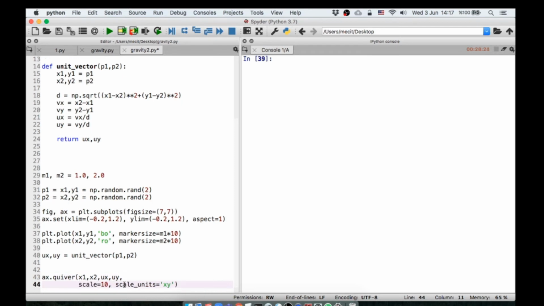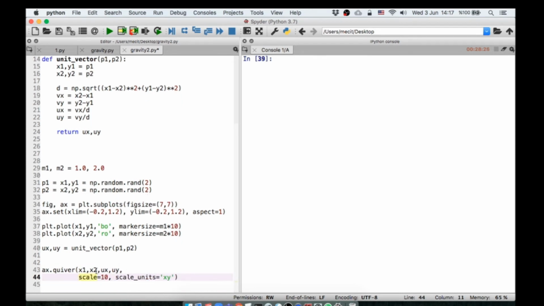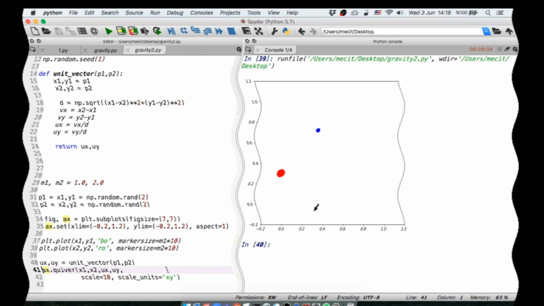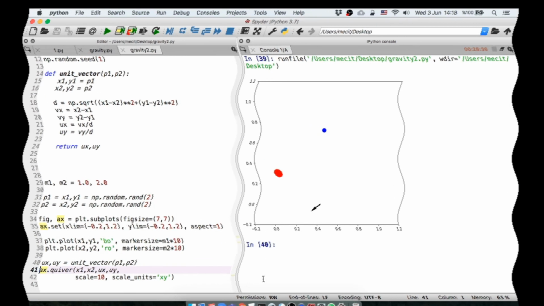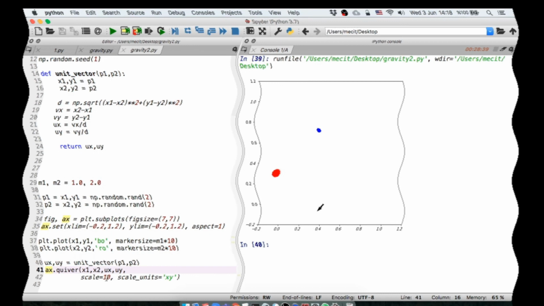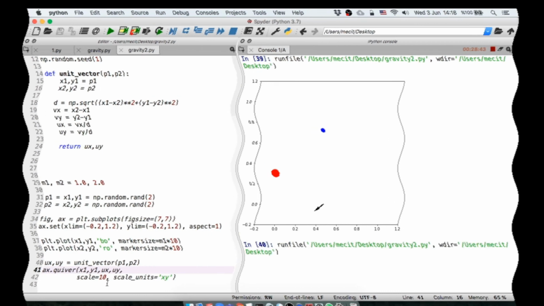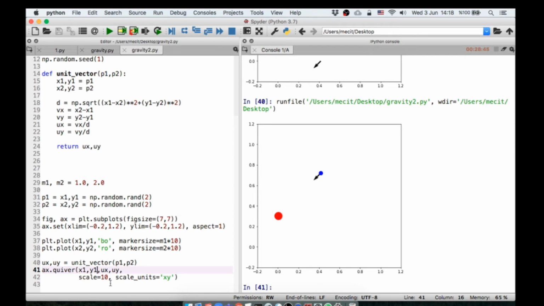So let's see if this will correctly draw the unit vector I calculate here at point x1, y1. Okay, of course this is not supposed to be x2 but y1. Good. So my first point, and this is the unit vector pointing towards the second mass.